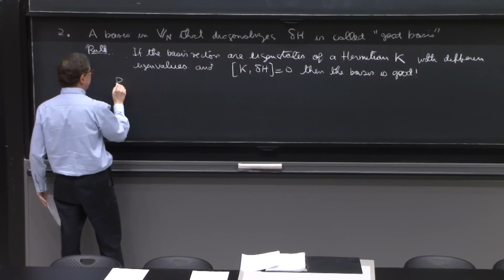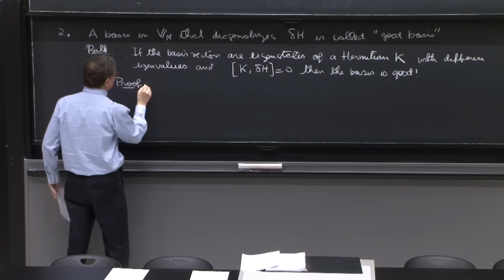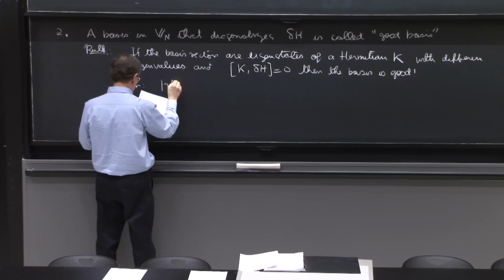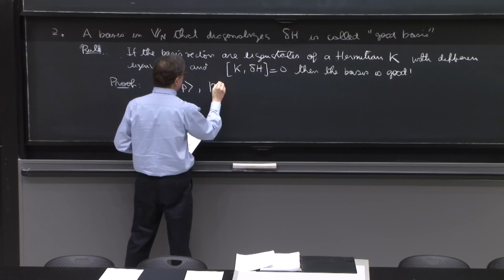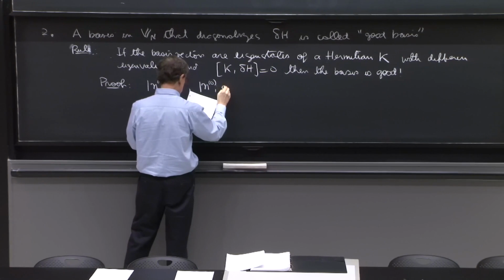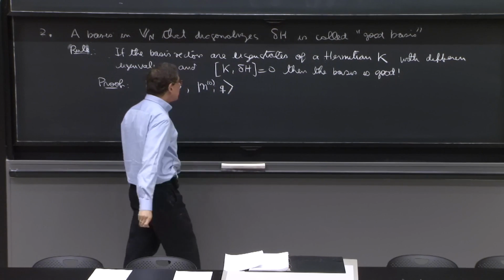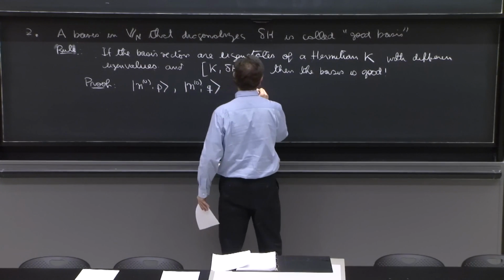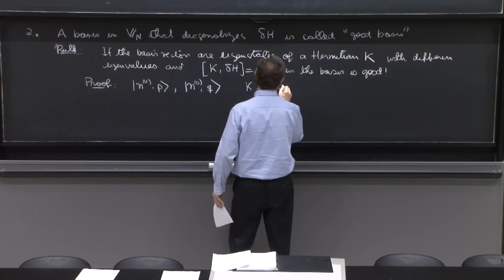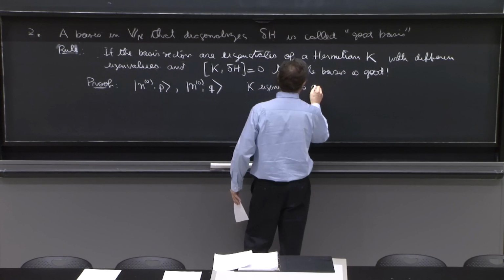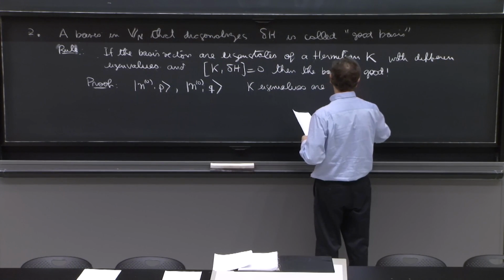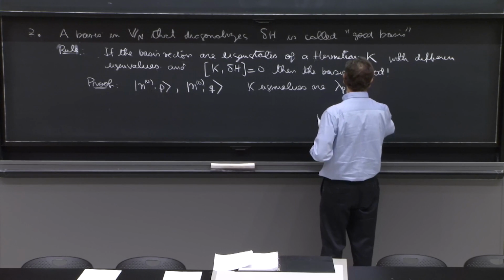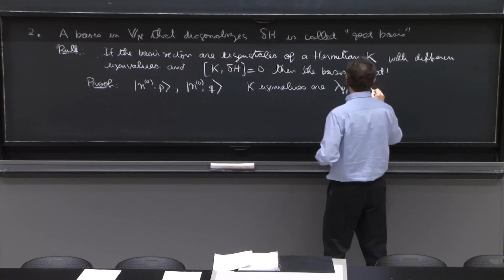So, proof here. Two eigenstates, n0 p and n0 q. And the K eigenvalues are lambda p and lambda q that are different from each other.